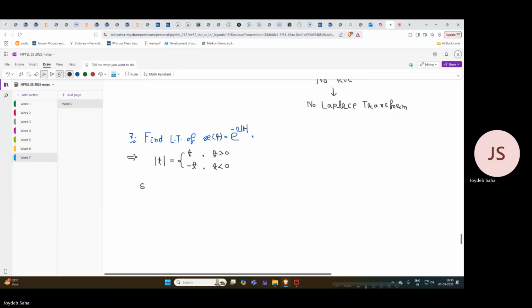So small x(t) is equal to e to the power minus 2t for t greater than 0 and e to the power plus 2t for t less than 0.